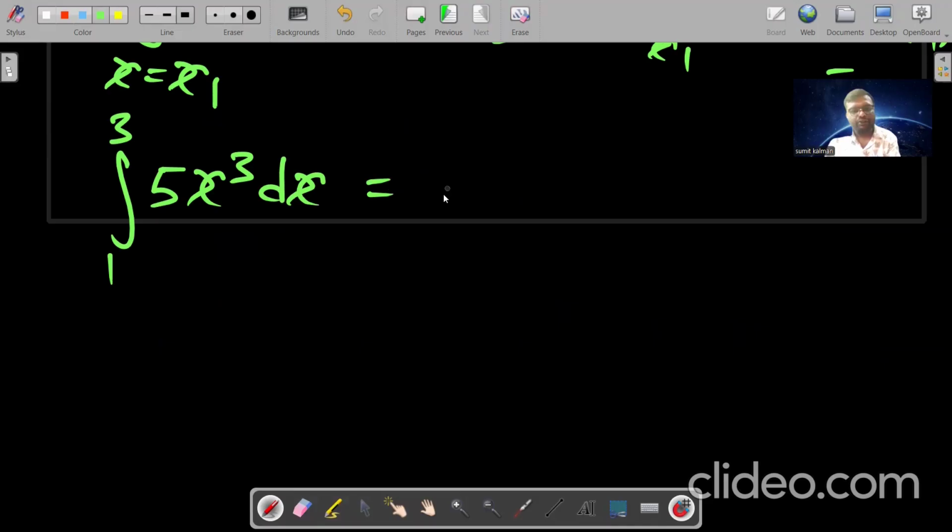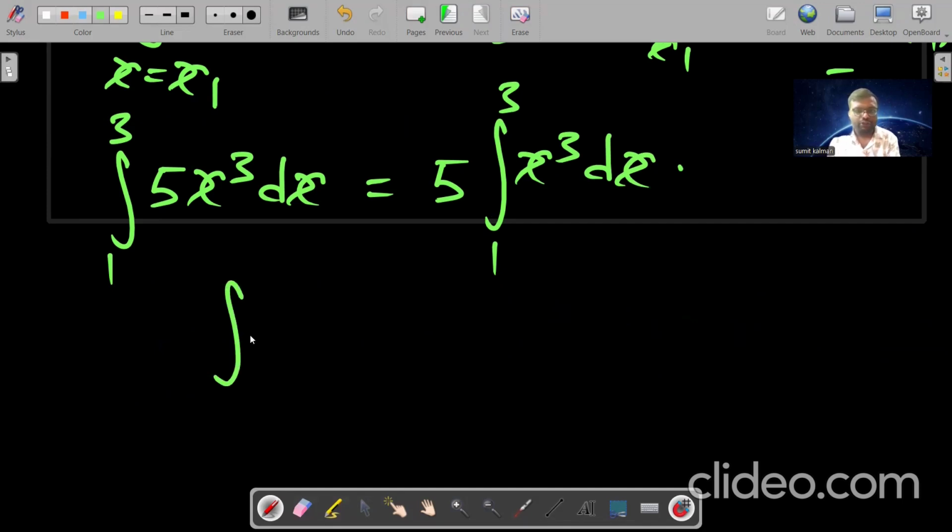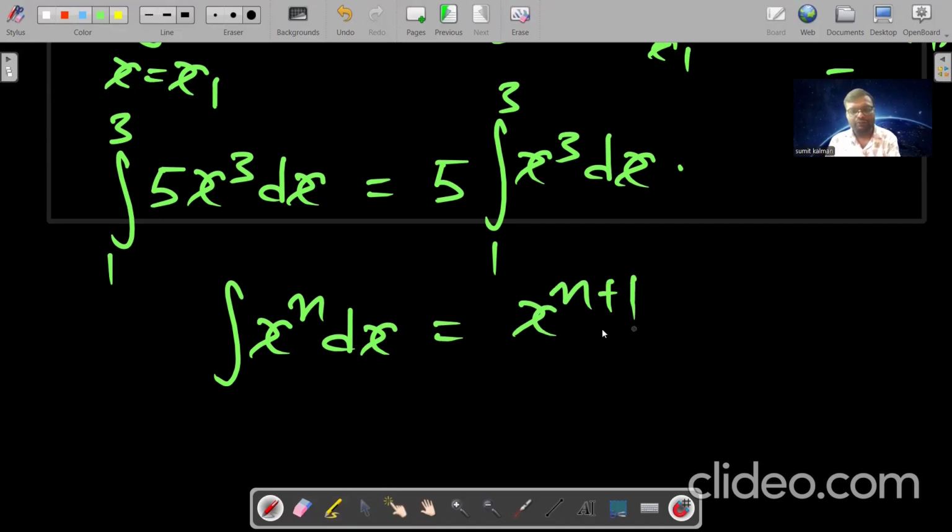So, students, take 5 outside because it is constant. 1 to 3 x to the power cube dx. Now, students, we know one rule. If we have y is equal to x to the power n, then integration of x to the power n with respect to x is what? x to the power n plus 1 upon n plus 1 plus c.